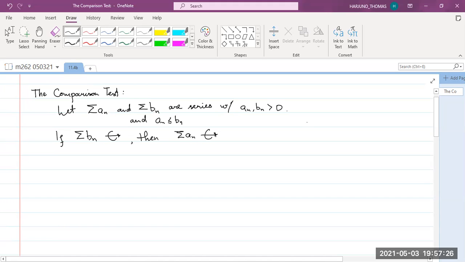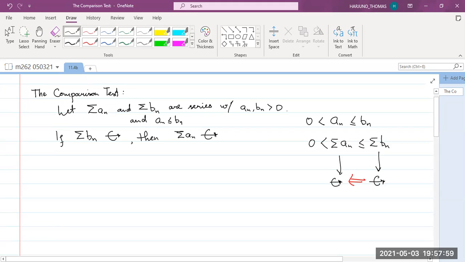The idea is basically the following. We have this, so the summation will also have this situation. Now, if this is convergent, then this must be convergent. If the upper bound is convergent, then the one below is also convergent.